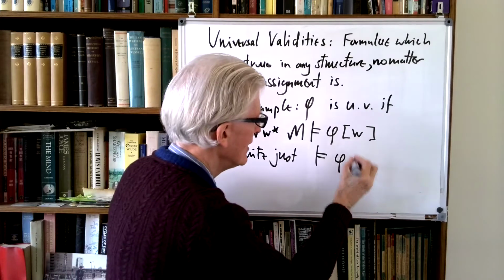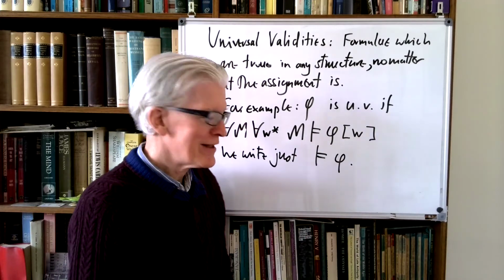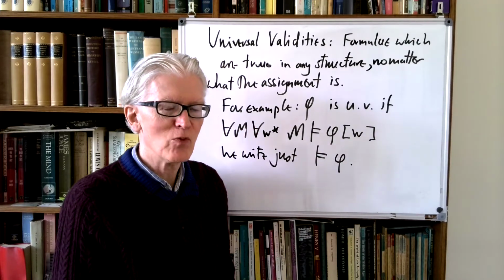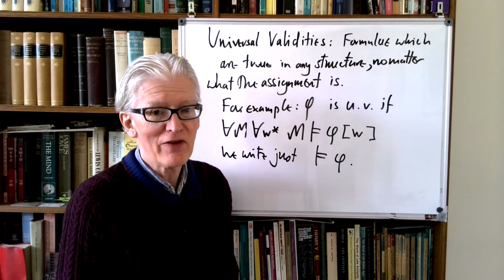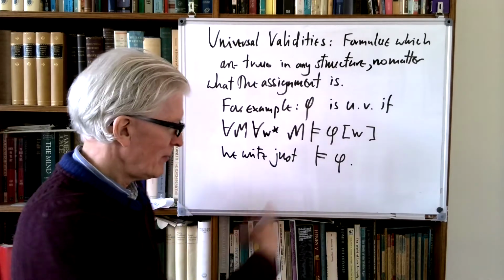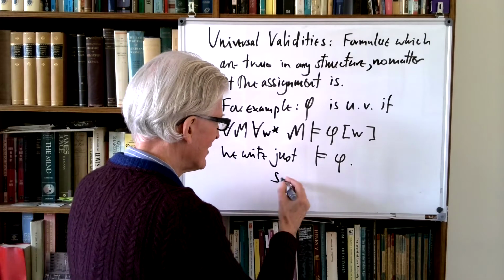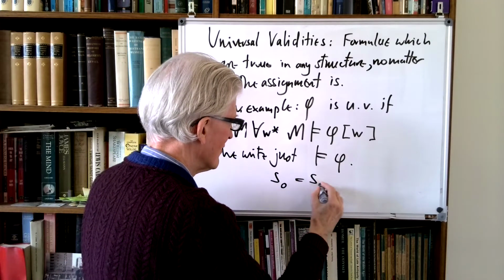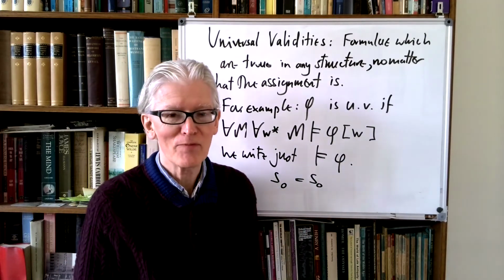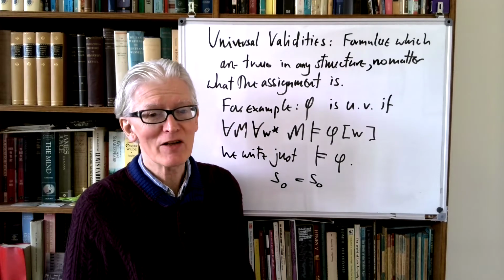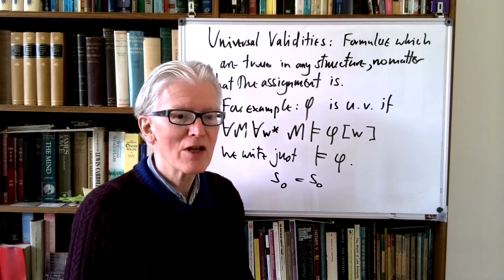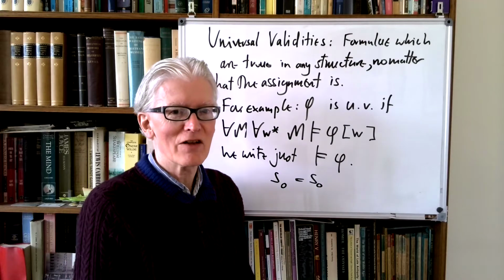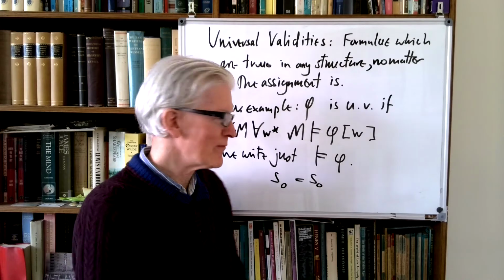It's clearly of interest to find which formulae are universally valid. There are some obvious examples. If I just say some term equals itself, this is something that's going to be universally valid. But there'll be more interesting universal validities than this.